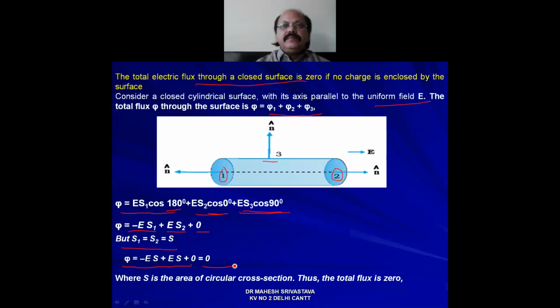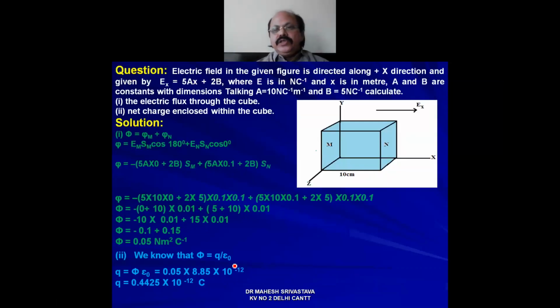Now we take one question so that you can understand in a much better way. The question is that the electric field in the given figure is directed along the plus x direction and is given by Ex equal to 5Ax plus 2B, where E is in Newton per Coulomb and x is in meter.